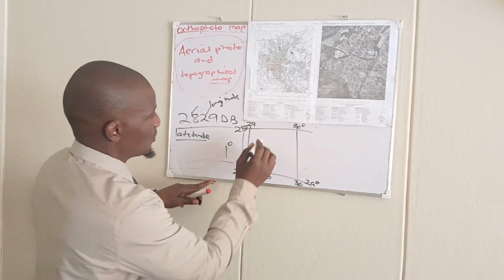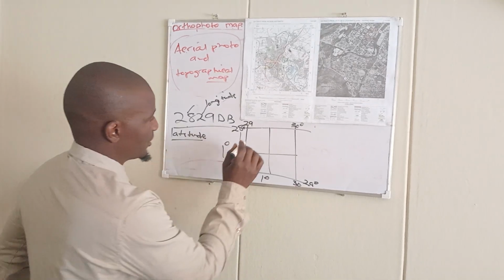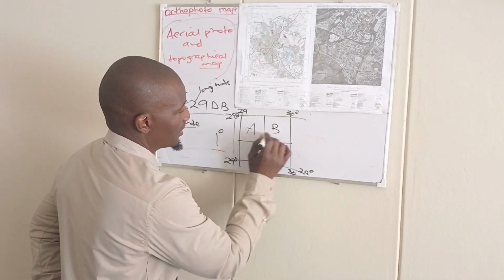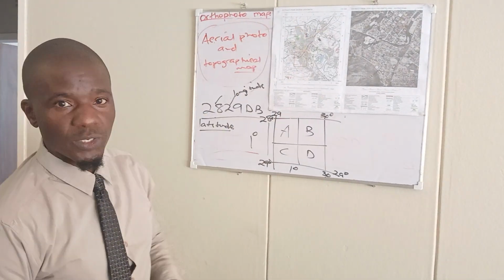So what they do is divide the whole block into 4 bigger blocks. That is A, B, C, and D. That's what they do when they are doing map coding, map referencing.